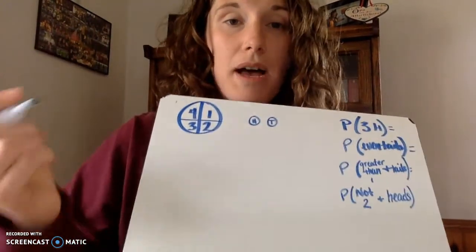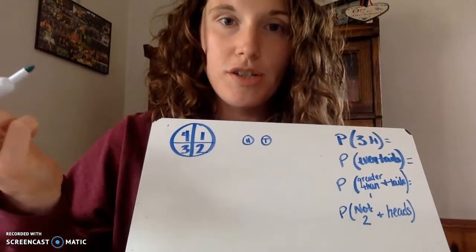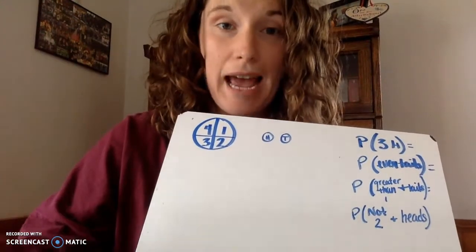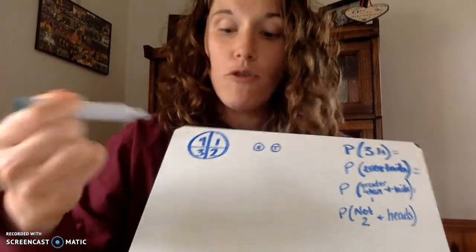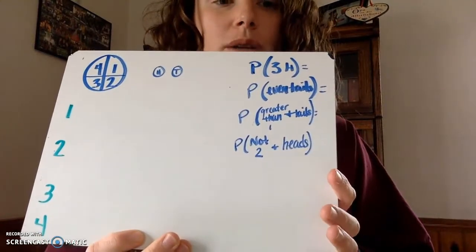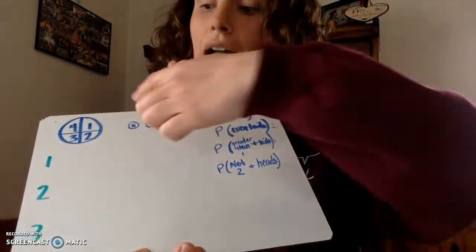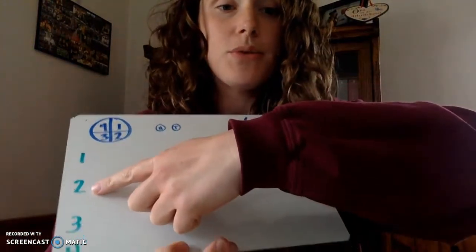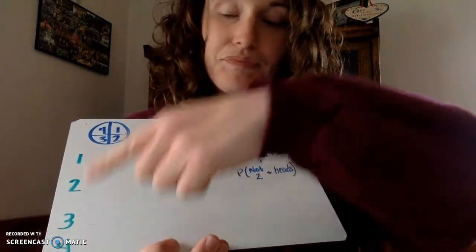On our tree diagram, we list out all the possibilities of the first event, or the first thing that happens. I have 4 sections on my spinner, so I'm going to do 1, 2, 3, 4. Now, I could spin a 1, or a 2, or a 3, or a 4.